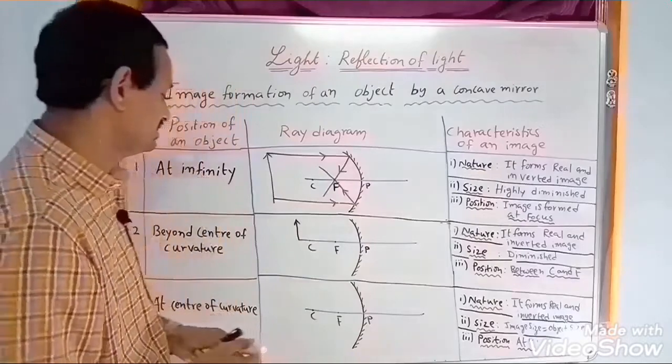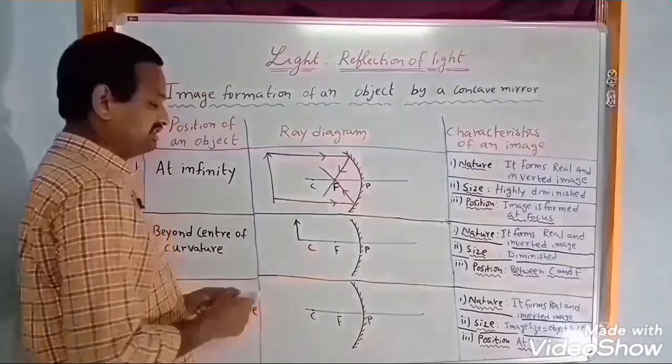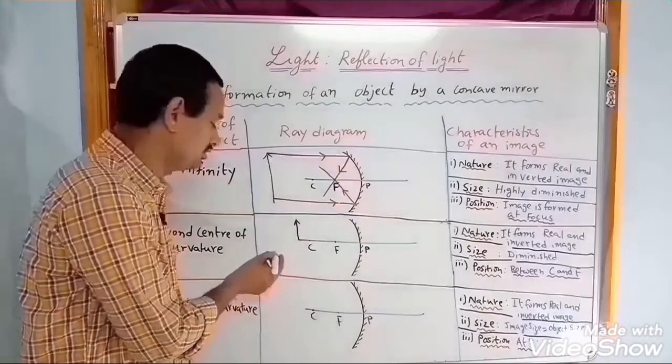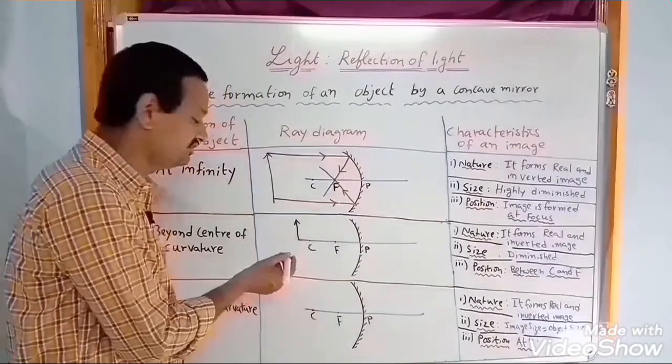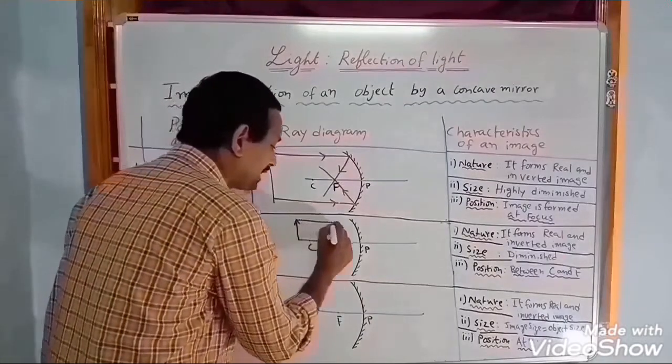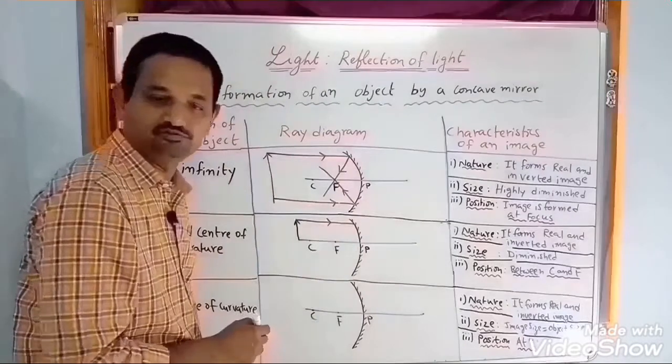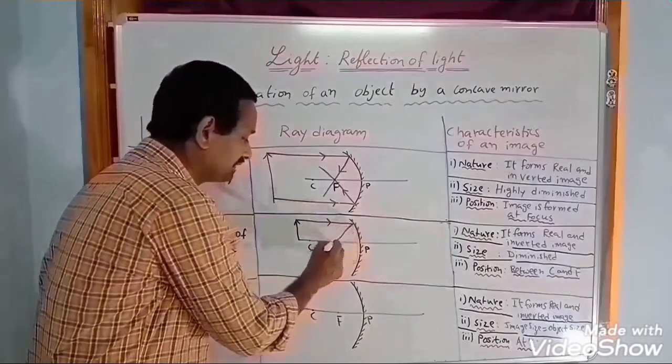Look here. The object is beyond the center of curvature. For the first ray I am applying the first rule only. A light ray passing parallel to the principal axis of a concave mirror, after reflection, passes through the principal focus.